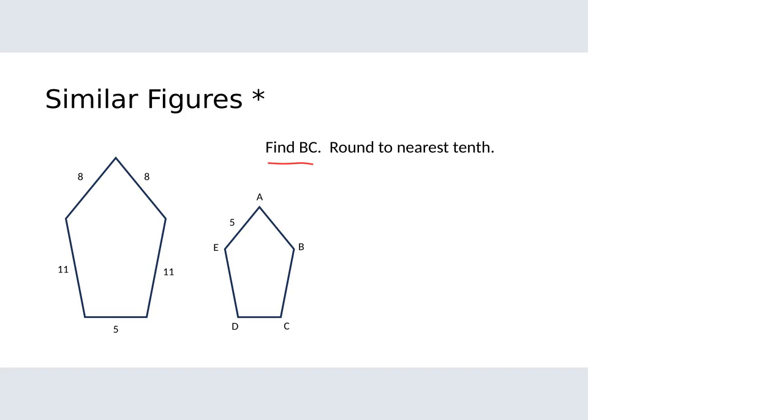So far, all the similar figures we've worked on have been triangles, but they don't have to be triangles. They can be other shapes, and here we have pentagons, five-sided polygons that have the same shape but a different size as the one next to it. It doesn't really change our process at all.